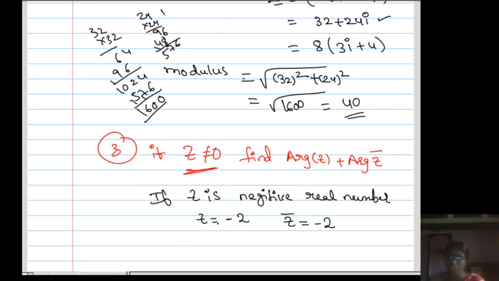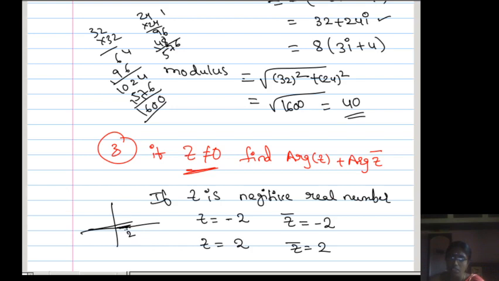Suppose z is a positive real number, if z is equal to 2, what is z bar? 2 only. Got it? If the given complex number is a real number, whose imaginary part is 0, in that case the conjugate is itself. So suppose z is equal to 2, what is the argument of z? 0. Then what is the argument of z bar? 0 only, because a positive number lies on the positive x-axis. So z is here, z bar is also here.